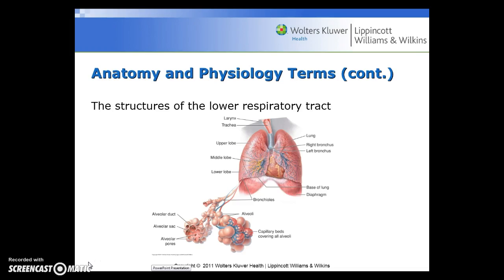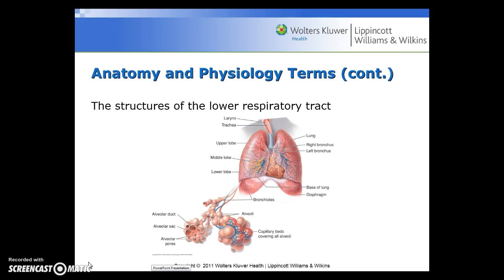This diagram gives you a visualization of the structures of the lower respiratory tract. Here we see the larynx, the trachea, the upper lobe, the middle lobe, and the lower lobe of the lungs, the right bronchus and the left bronchus.